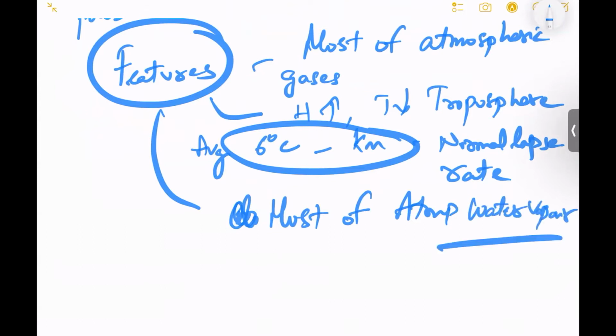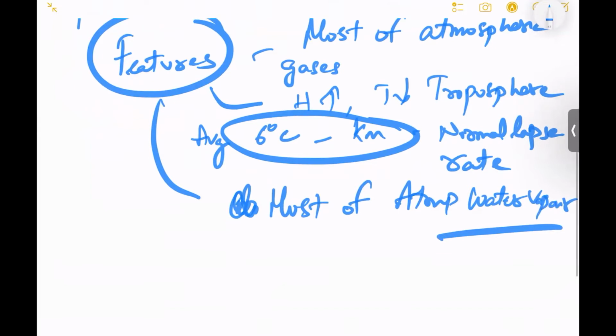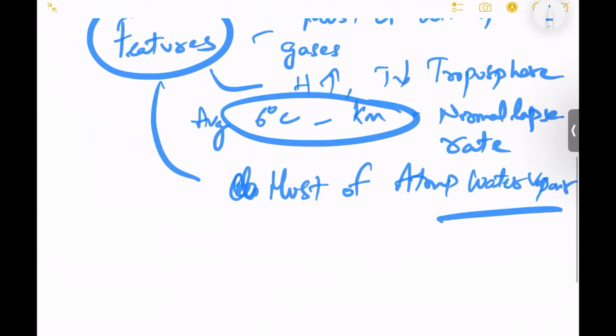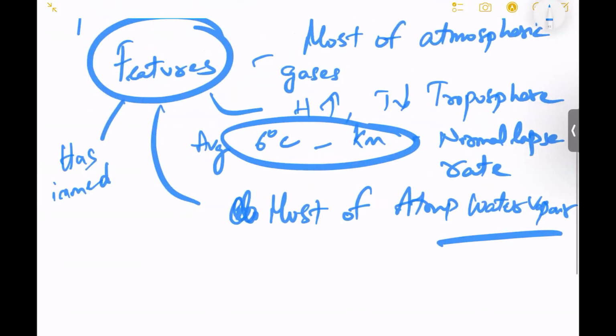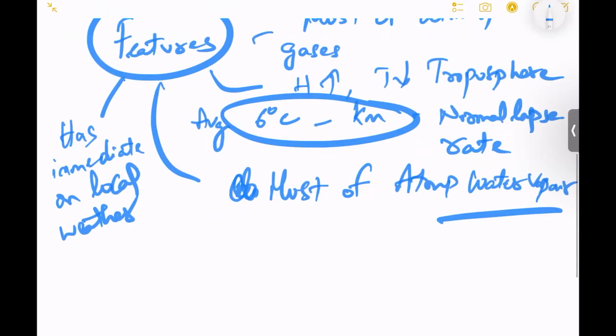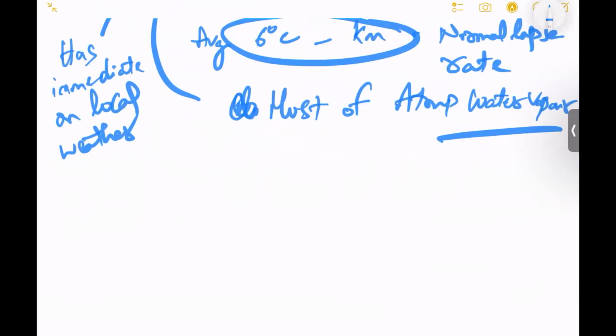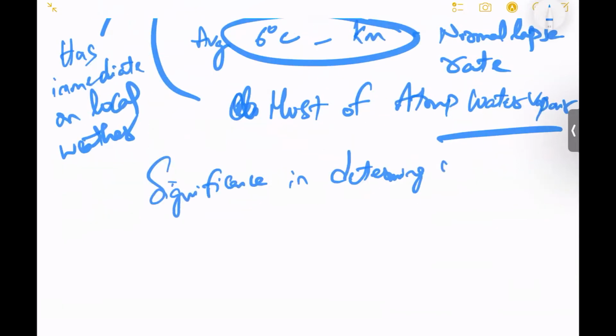These are the important features of the troposphere, and you can say it has immediate impact on local weather. Local weather is impacted by troposphere. Please remember that. Now coming to the main part of the question, that is the significance in determining weather process.